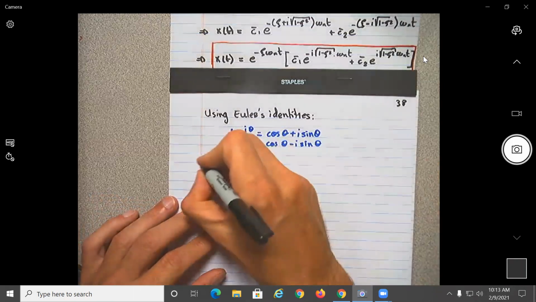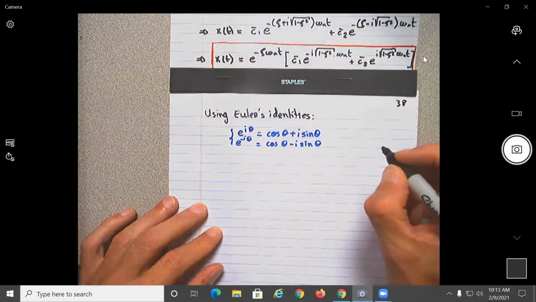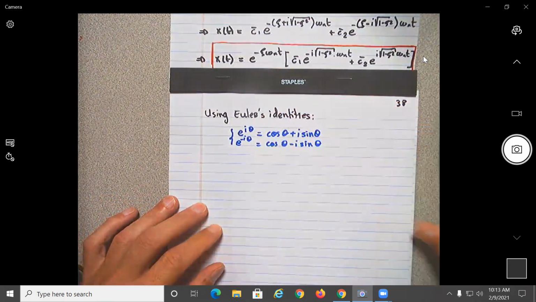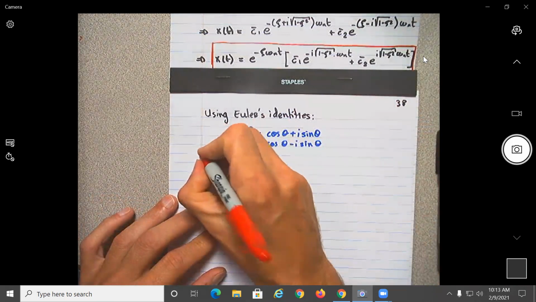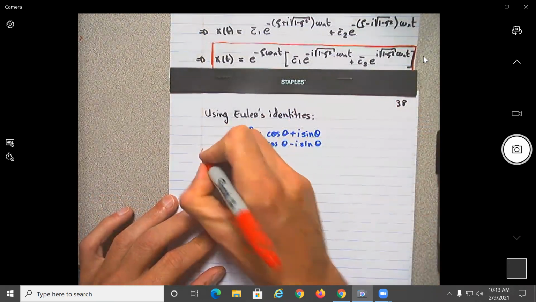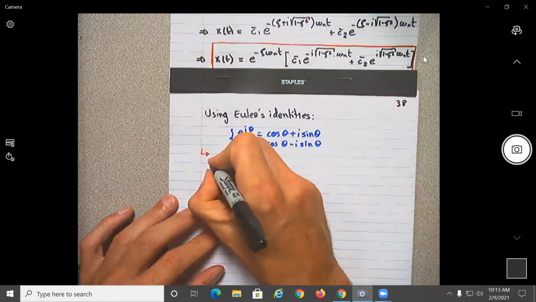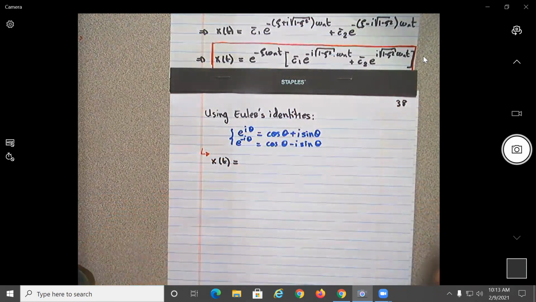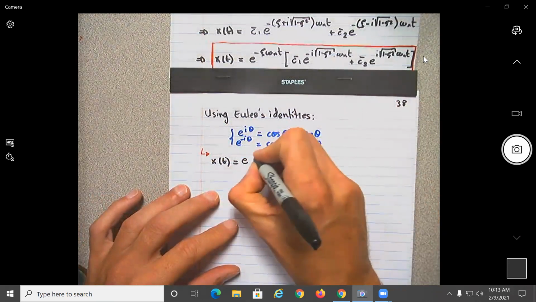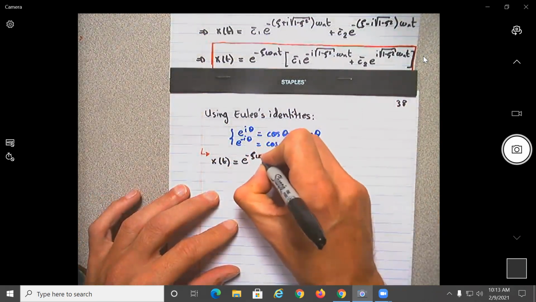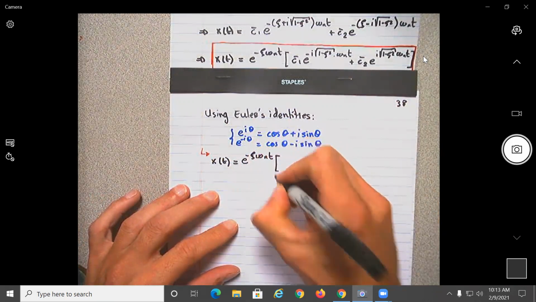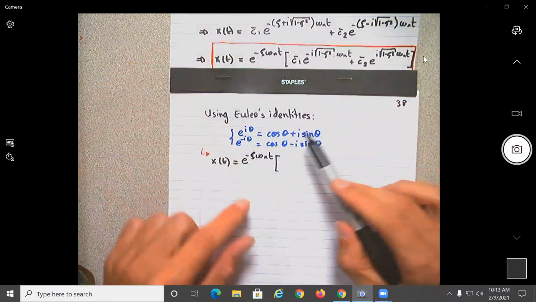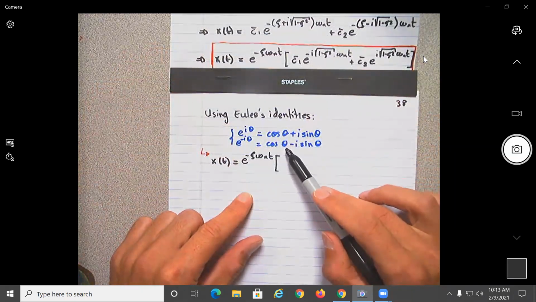Okay, so using the Euler identities, we can rewrite x of t as what? The first one remains unchanged, exponential of minus zeta omega n t. And now what's going to happen with c1, c2? We're going to have cos theta, this part is the same.